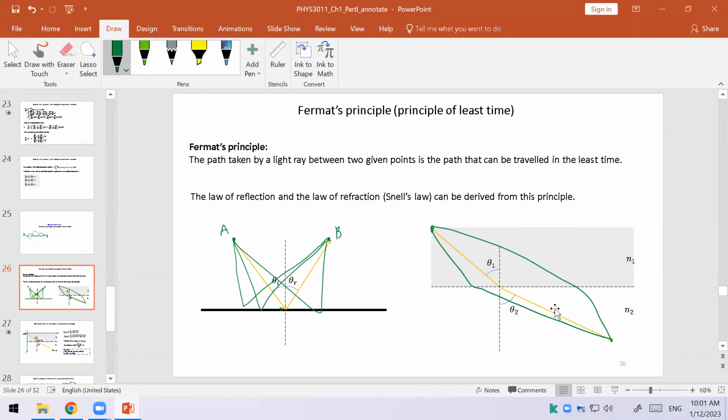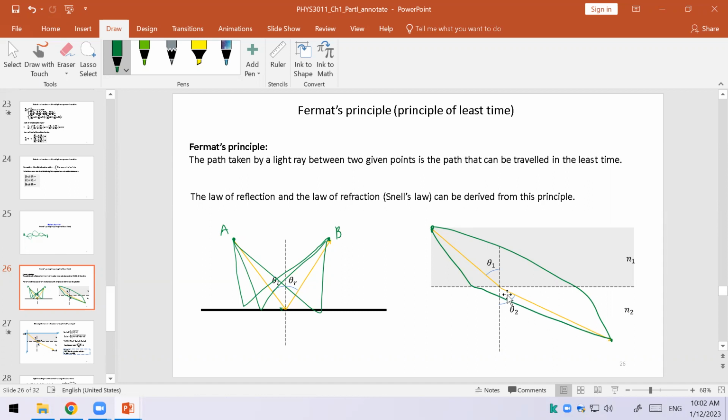Because of that, when you pick your path, you want to make the first part of your journey, the first length here, actually shorter, because this is the part that only allows you to travel at a slower speed. If you pick a shorter path over here, it is unavoidable that you have to pick a longer path in the second section.